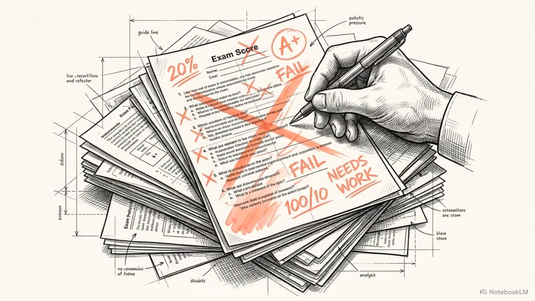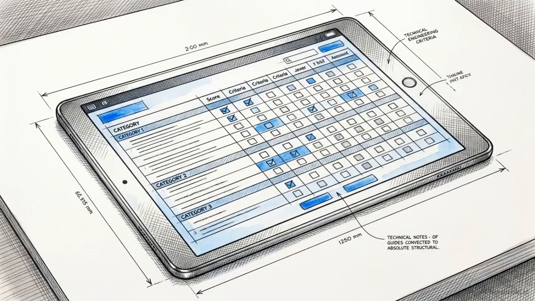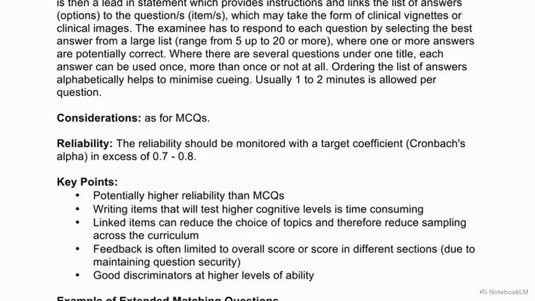We must address the primary logistical argument against MEQs, the considerable resources required to grade them, and the risk of marker subjectivity. This subjectivity is an operational hurdle that faculties can manage through specific grading protocols. Reliability for summative exams requires meeting strict statistical thresholds, specifically a Cronbach's alpha in excess of 0.7 to 0.8.